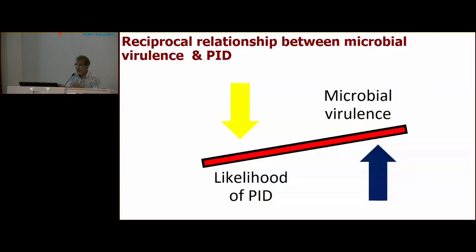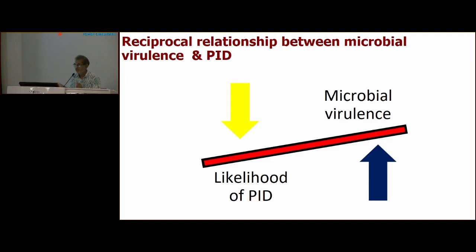And it is also important to highlight that there is a reciprocal relationship between microbial virulence and PIDs. If you have an infection with a vaccine strain, because vaccines are live attenuated, and a child has presented with disseminated BCGosis, that should be a red flag: why has a child with a healthy immune system presented with a severe infection with a vaccine strain of an organism, or a microbe of low virulence causing a disseminated disease?